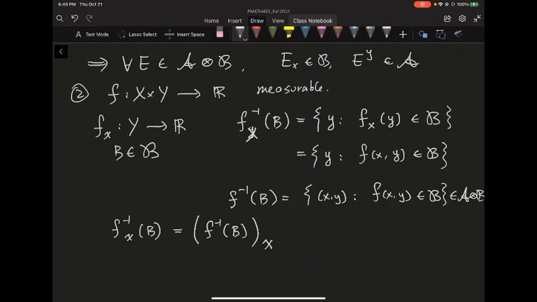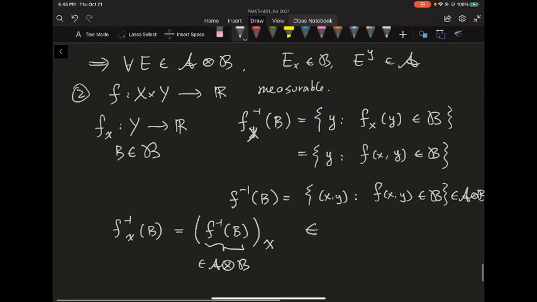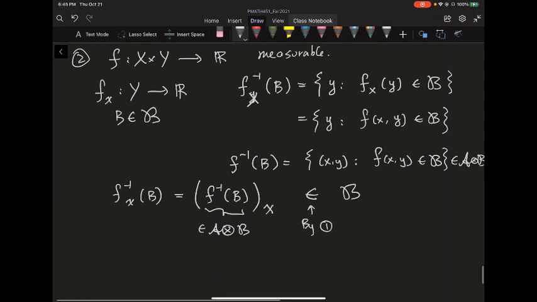Because this one is inside A cross B, since f is measurable, and I'm fixing a y and looking at the section, by part 1, I know this one is inside B. So this is by part 1. There we proved that the pre-image under f_x is inside B, so f_x is measurable. And you do the same thing for f_y, that just follows similarly.